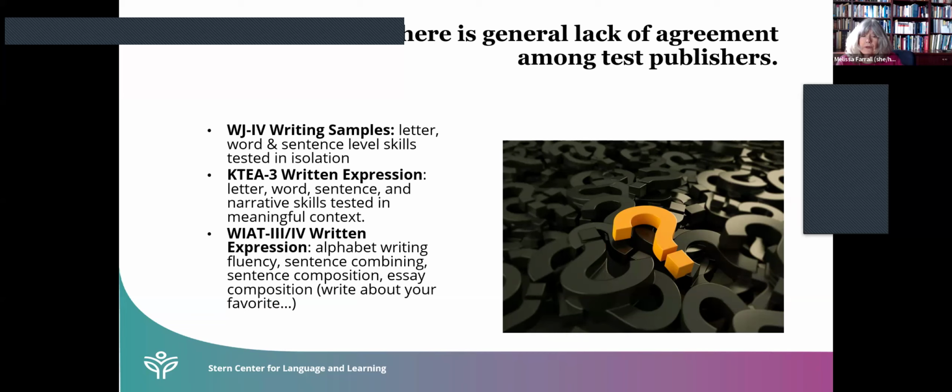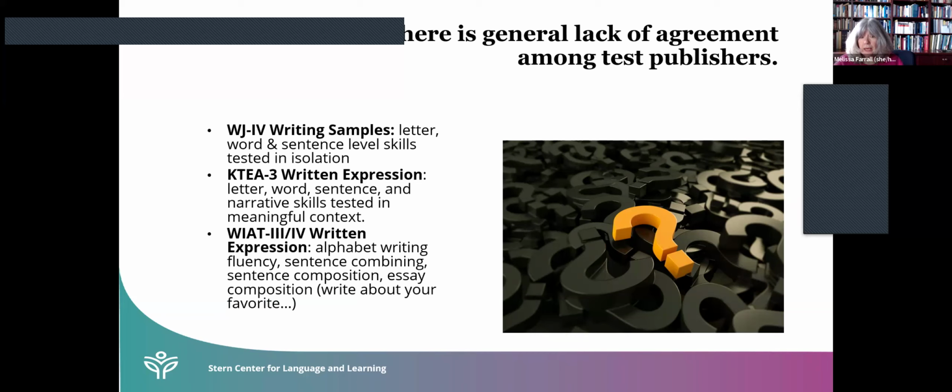The WIAT folks, the Wechsler Individual Achievement Test, come at it in yet a different way. Now, this is our most recent test, and the authors of the WIAT were able to avail themselves of a lot of recent research on everything from alphabet to written expression. And what they said is that they were going to look at alphabet writing skills.